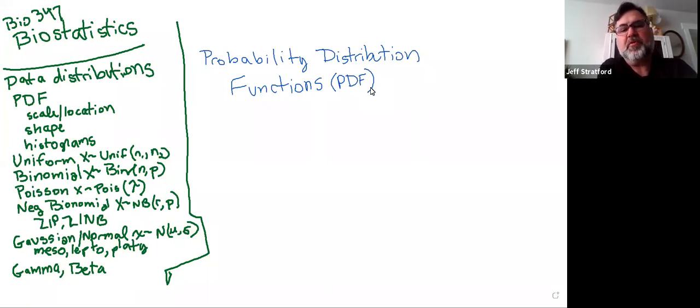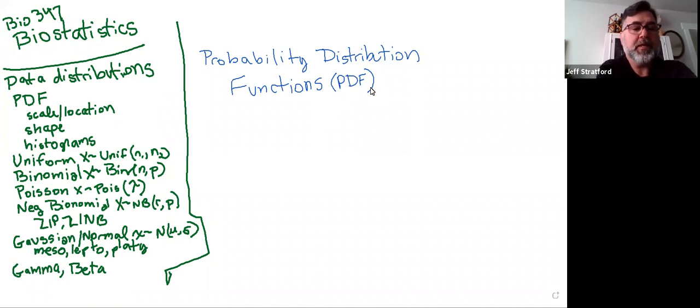Most probability distribution functions come with some equation. We're not going to go over the equations. That's more for a math stats course. We're going to go over what the graphs look like, because we can take those equations and apply them to outcomes. And later on, I'll show you methods for how you compare a theoretical outcome to a given outcome.